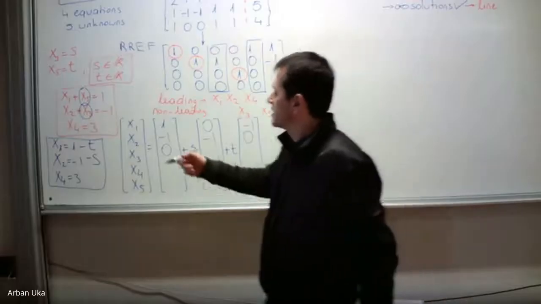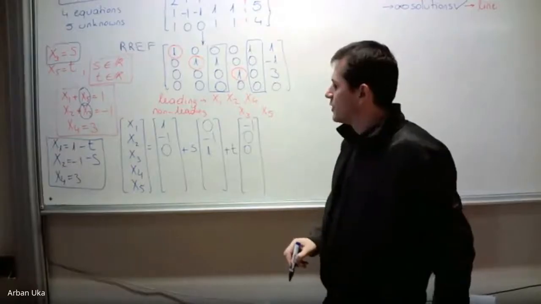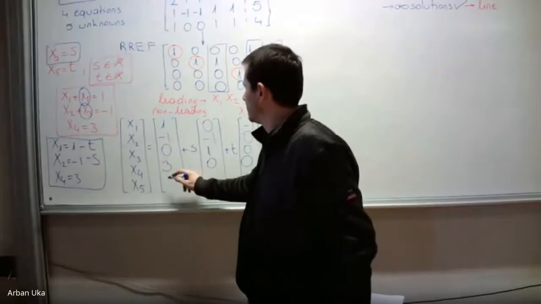No, x3 is 3. Yeah, exactly. 0, 1, 1, 0. Yes. What about x4? 3, 0, 0. x5? 0, 1. Okay, that's true.